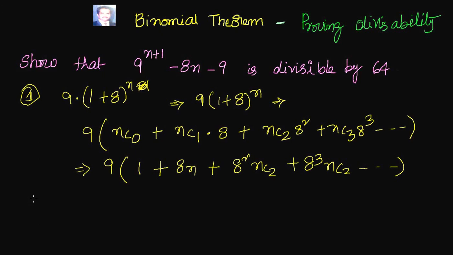So I can go ahead and say 9 into (1 plus 8n plus whatever I have, that's 8 square nC2 and everything) minus 8n minus 9.